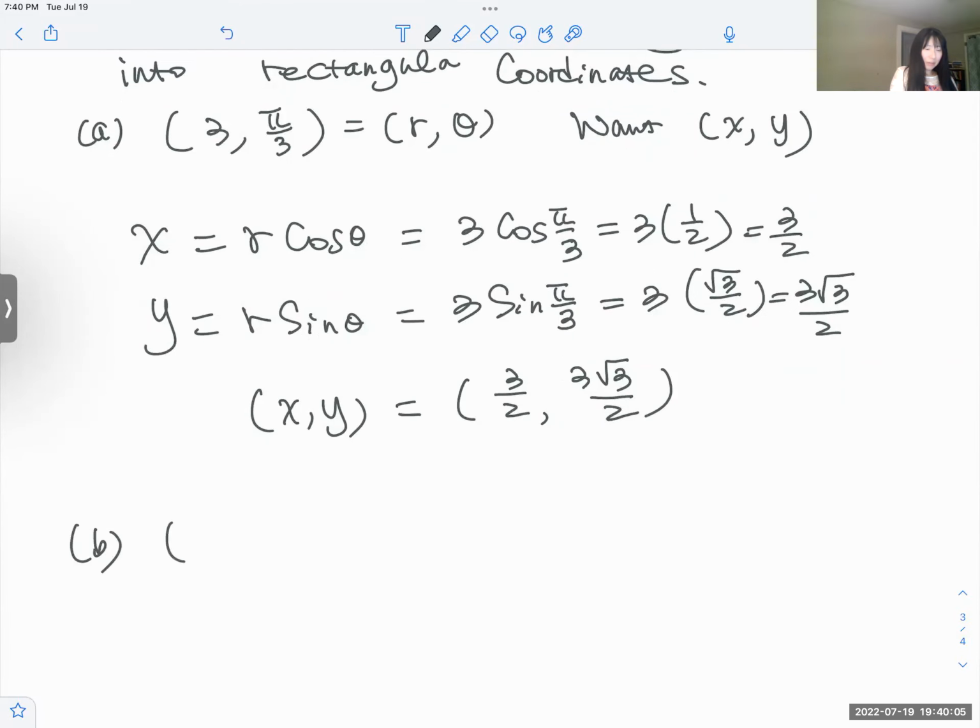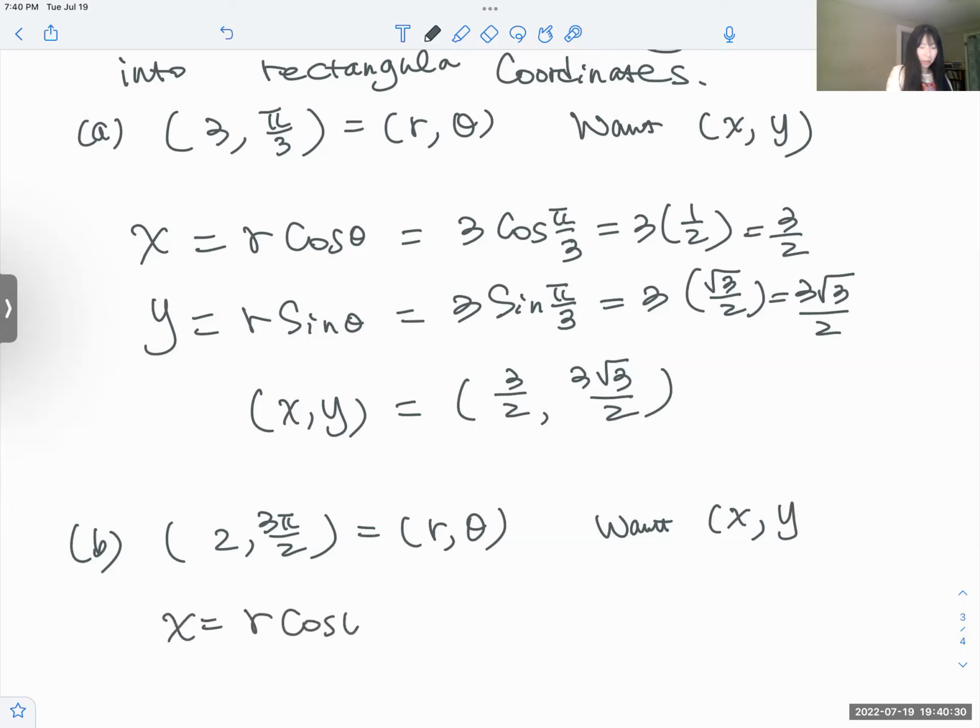Second one, we have 2 and 3 pi over 2. So this is our theta, we can recognize the second one as theta, right? Then we want Cartesian, which is the xy rectangular coordinate system. So x equals r cosine theta, which is 2 cosine 3 pi over 2.